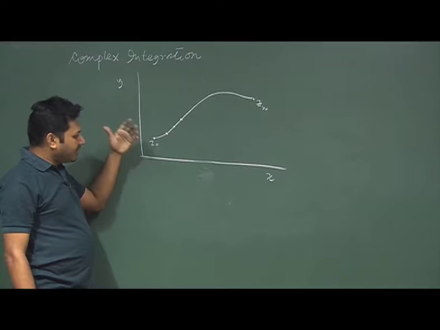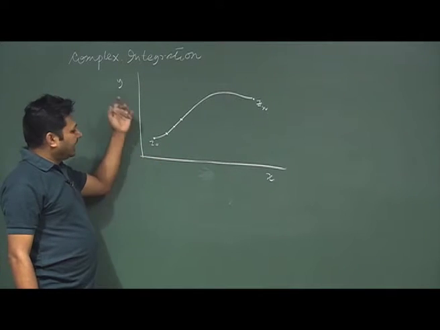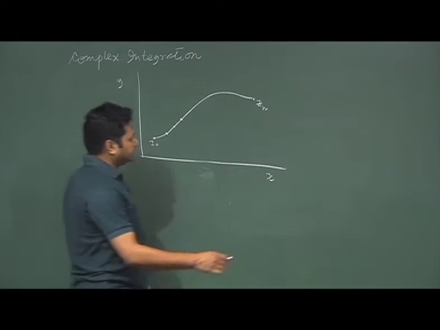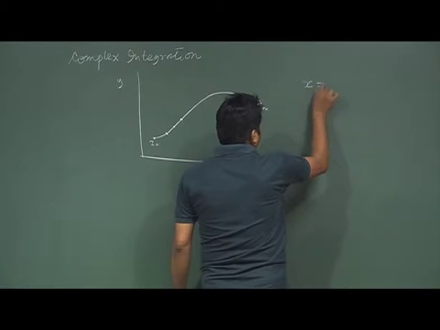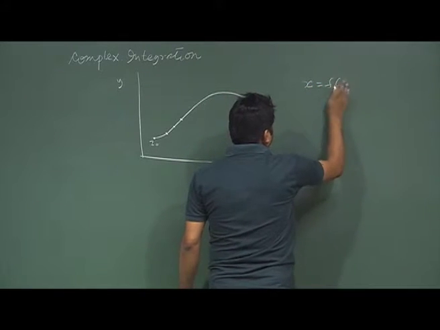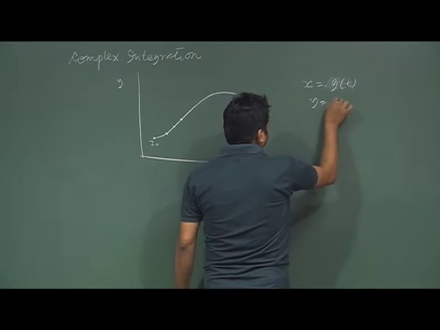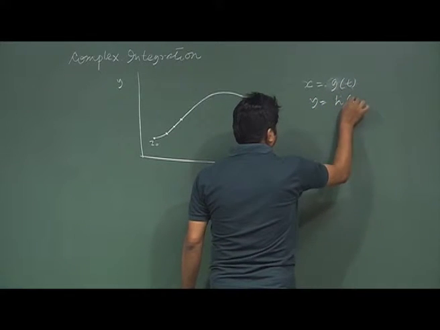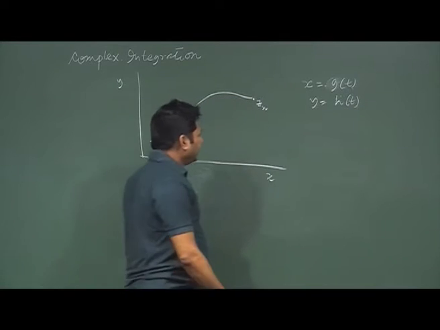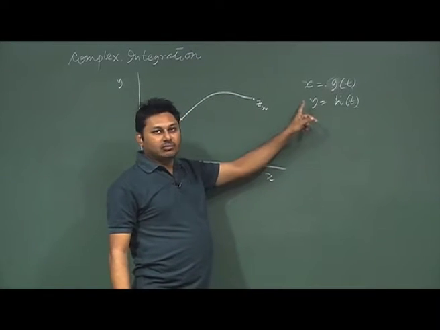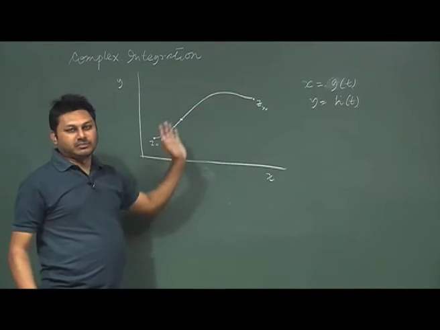If it depends on some parameter t, so x is a function of t and y is a function of t explicitly, then there should be a relationship between x and y, and based on that we can draw this curve. That is the thing.